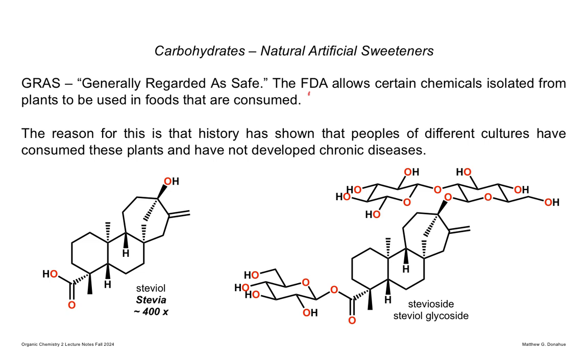That really comes from studying indigenous peoples that have eaten plants for thousands of years and have not developed any cancers or chronic diseases. So it's like, okay, that additive from the plant we can put in because you don't just keel over and die from it.